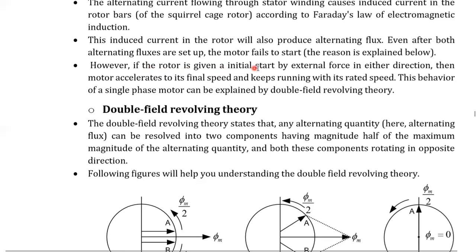If the rotor is given an initial start by external force in either direction, the motor accelerates to its final speed and keeps running at the rated speed. In this way the single phase induction motor runs, and its behavior can be explained by the double field revolving theory. Clear?